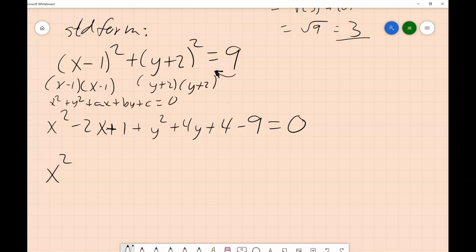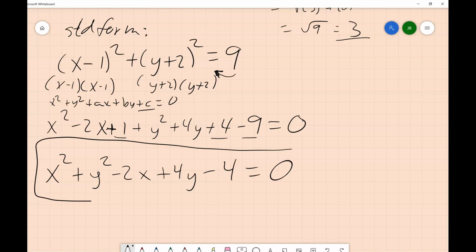So my x squared term comes first. My y squared term comes next. Then my x terms, that's minus 2x. Then my y terms, that's plus 4y. Then my constant term, so that's going to be 1 plus 4 minus 9. That's going to be 5 minus 9. That's minus 4 equals 0.